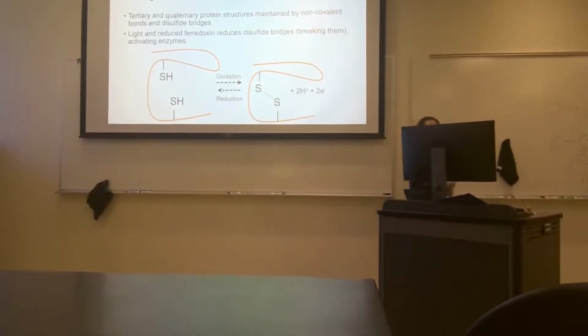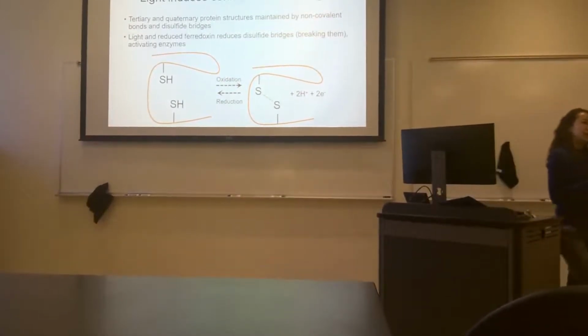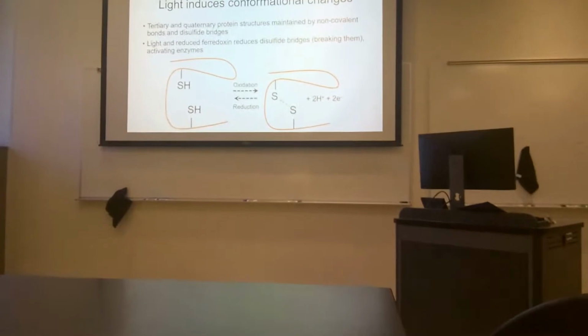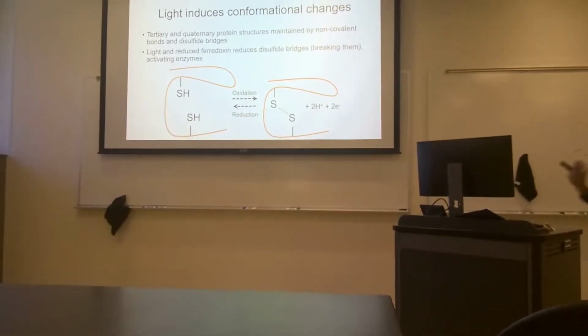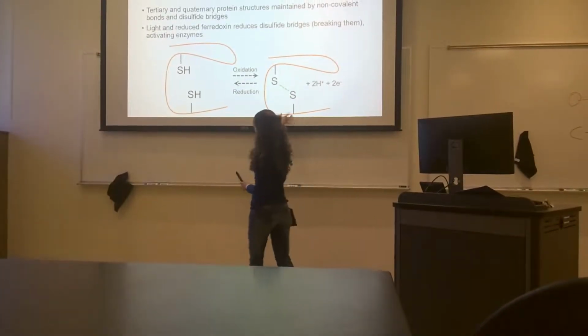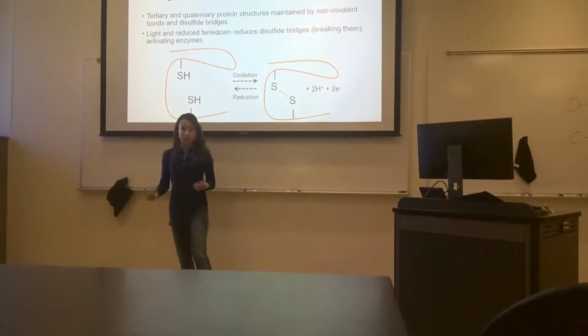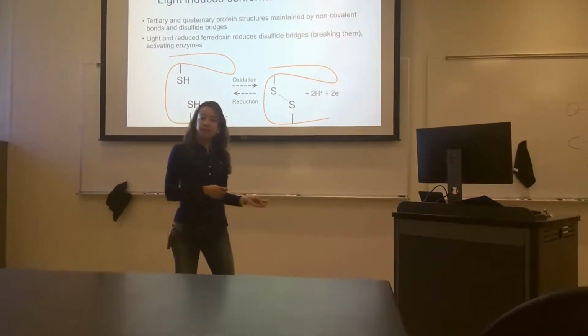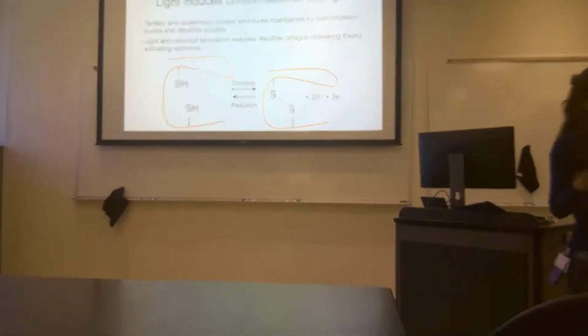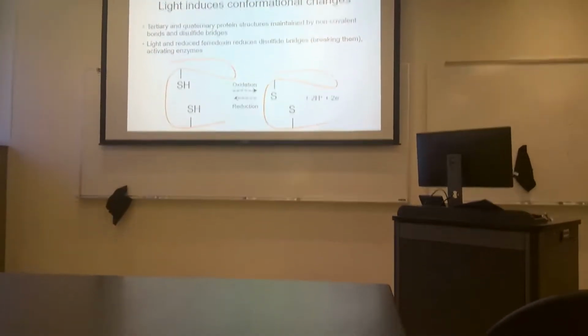You know how sometimes proteins can be activated or deactivated because they are phosphorylated or dephosphorylated? That's one way to activate or deactivate proteins. This one is either forming or breaking disulfide bridges, which changes the conformation of the protein and tells you when it's active or not active.